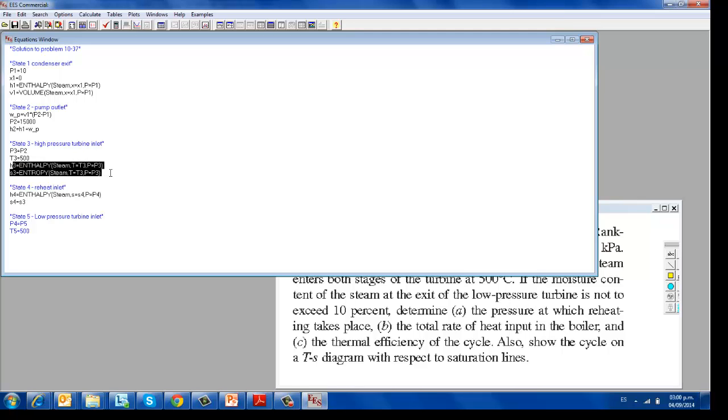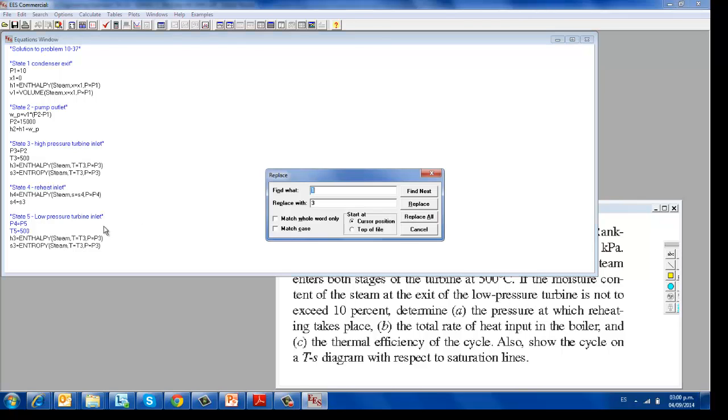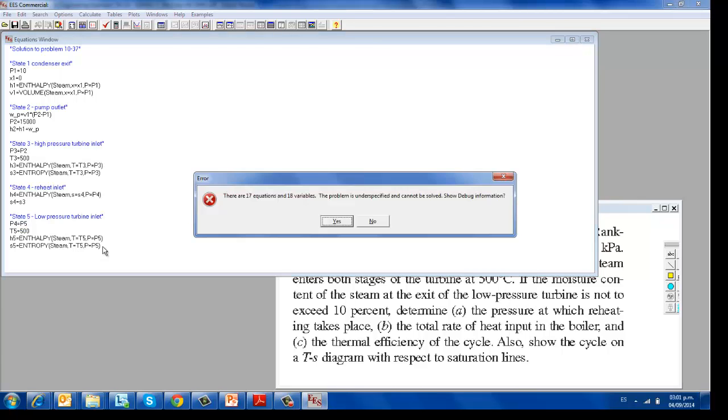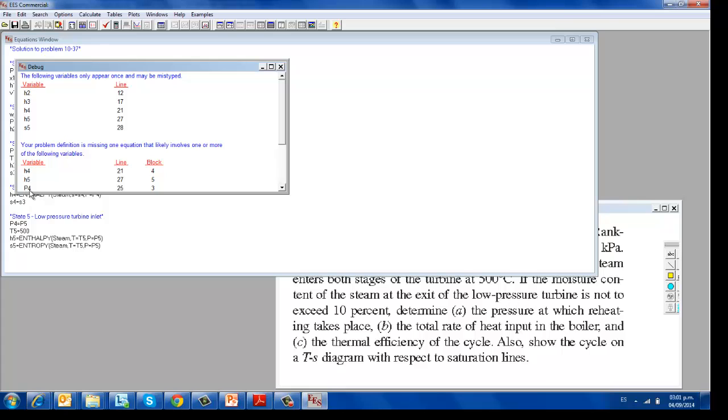We're going to copy this and press F11, change 3 to 5. We check, we have everything. Still the same problem, we're missing one set of data. We press F2, we're still missing P4.